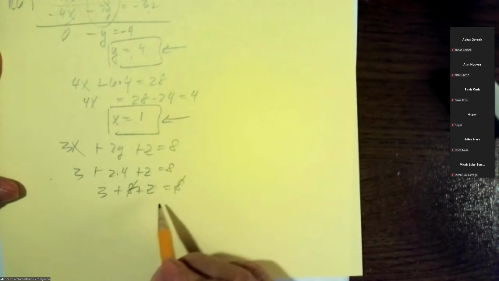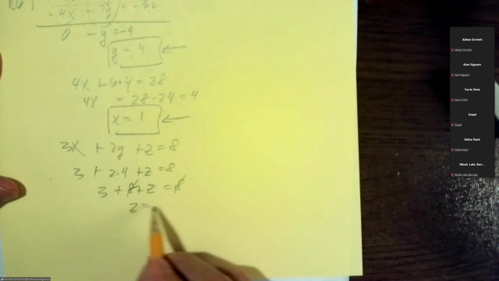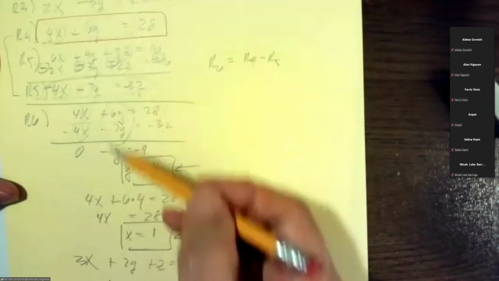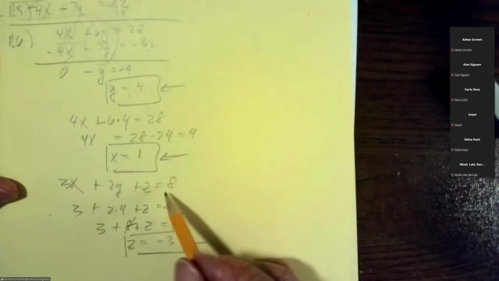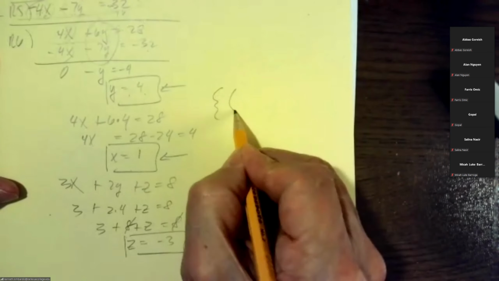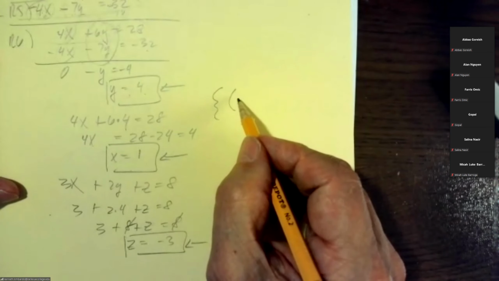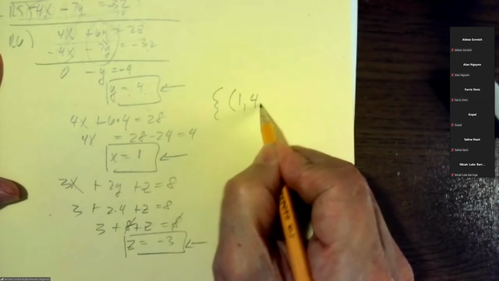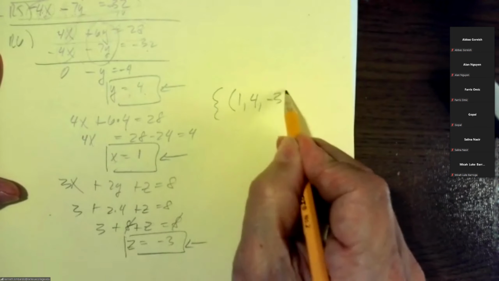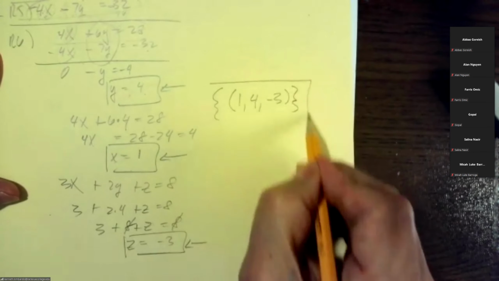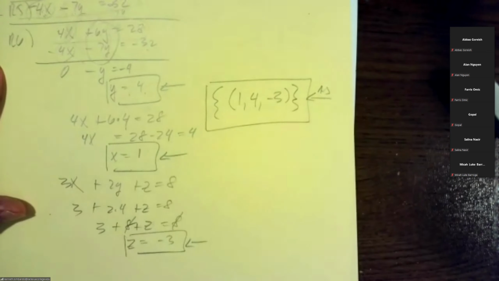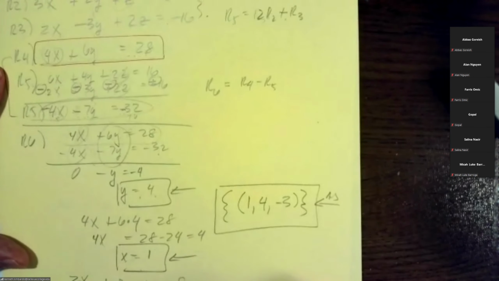Those 8s are going to cancel, and z is going to be negative 3. So going through that process of elimination, I ended up with a solution set, in the order of x, y, and z: x is 1, y is 4, z is negative 3. That's the solution set I get.